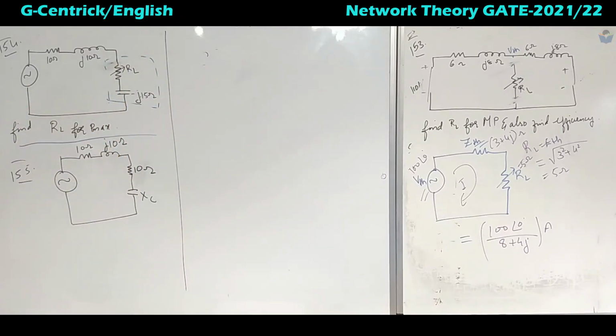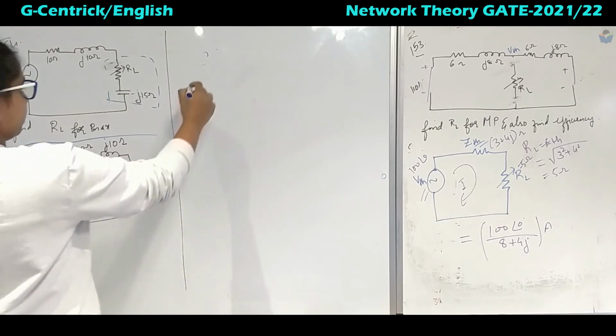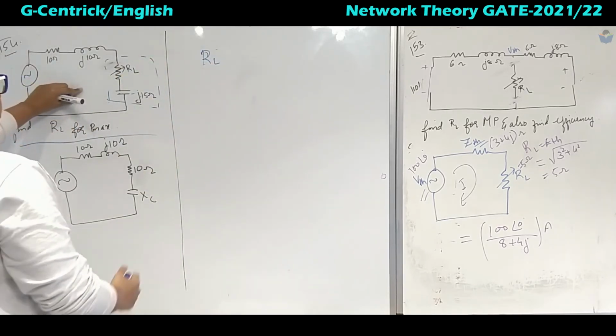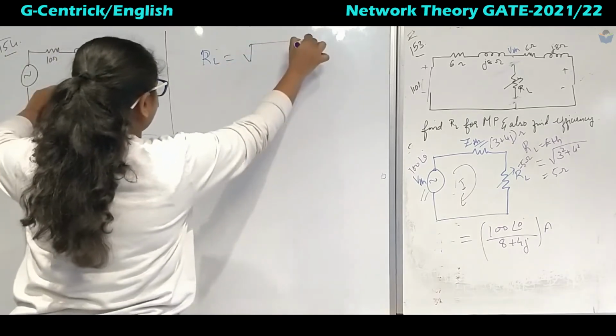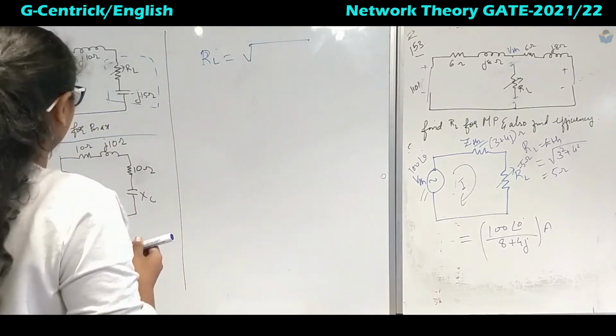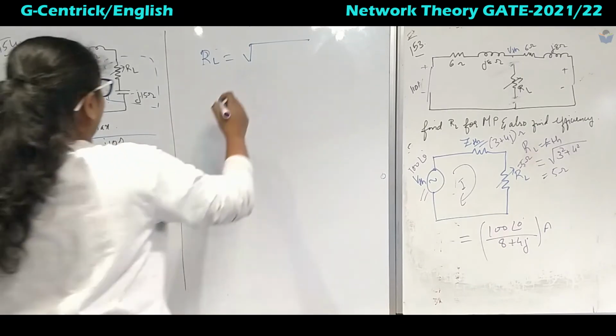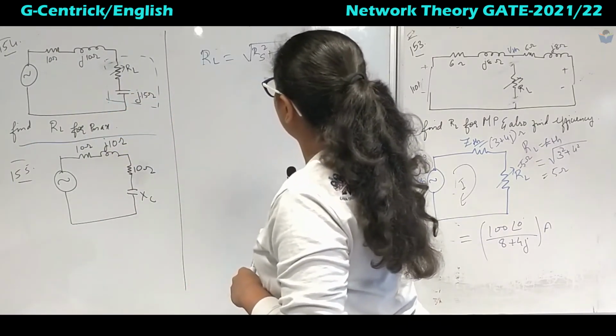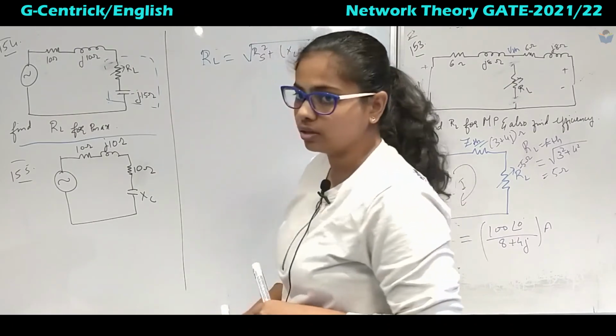RL is variable. We know that for the condition of maximum, when the impedance is given and RL is variable, RL will be equal to the square root of RS square plus XL minus XC the whole square.